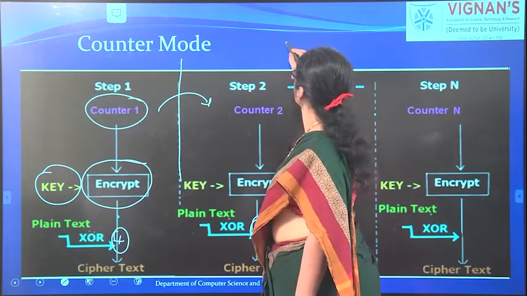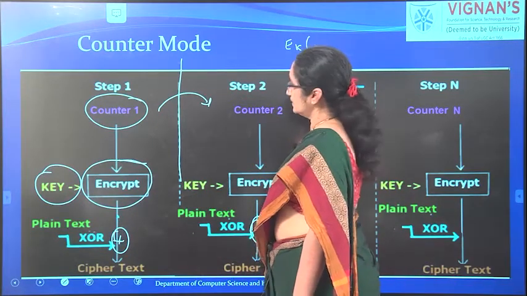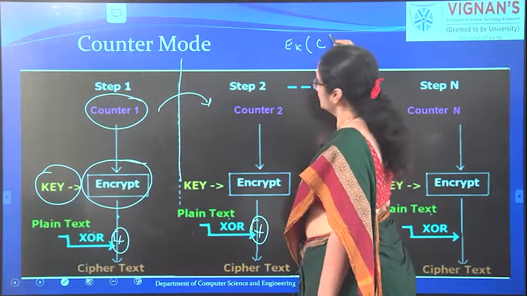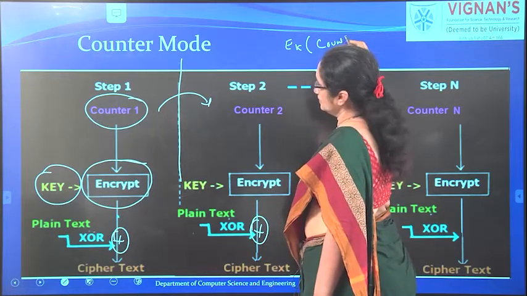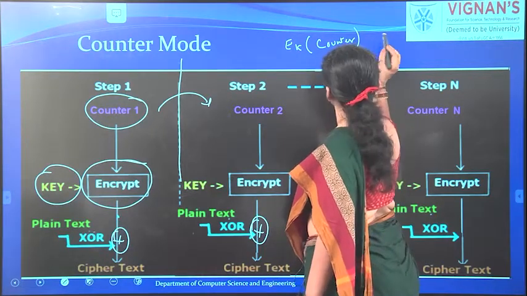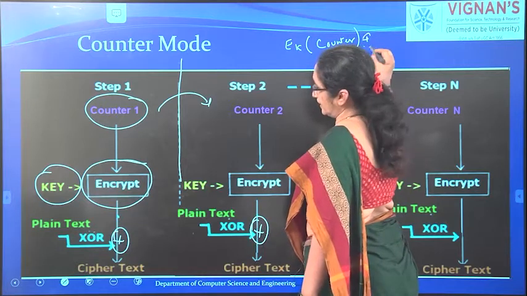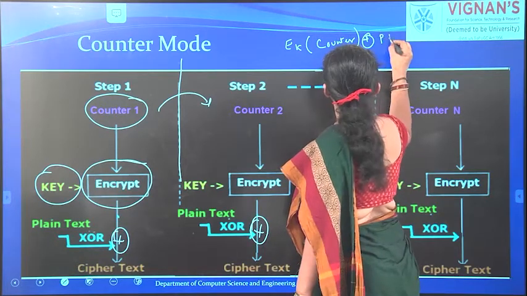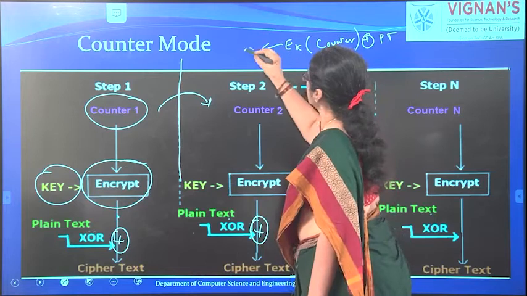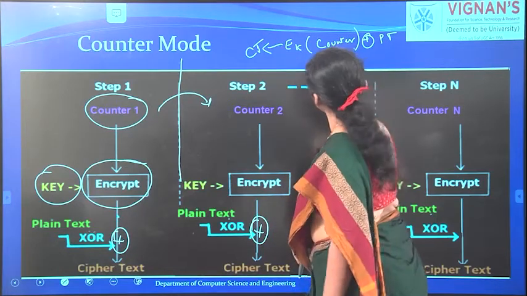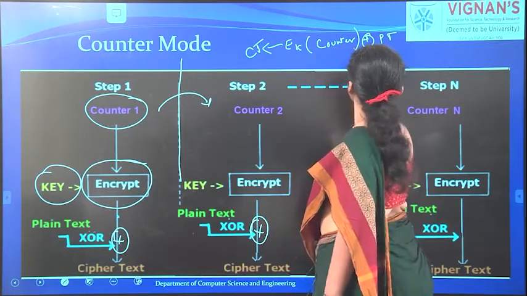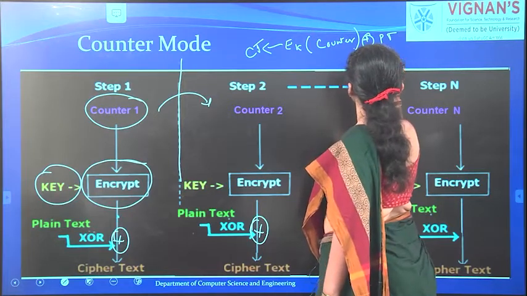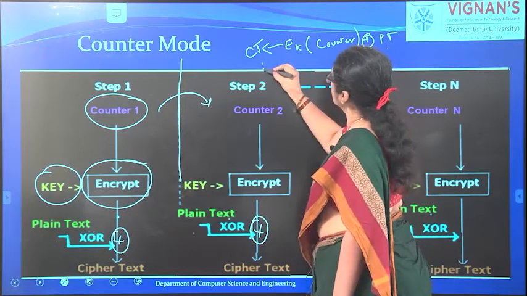So, this is just very simple. You are applying the encryption algorithm on the counter value, and the output you are XORing with the plain text to get the ciphertext. So, in the decryption the same thing you will be doing, but you will be XORing it with the ciphertext to get back the plain text.